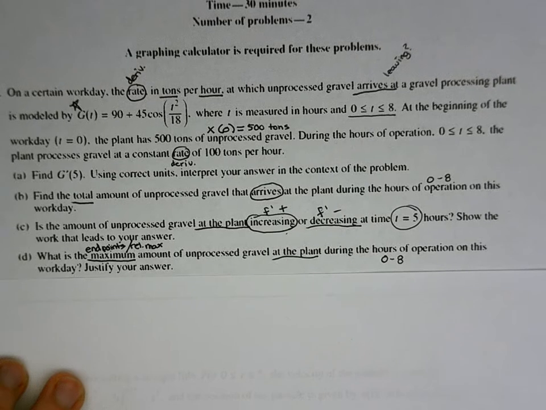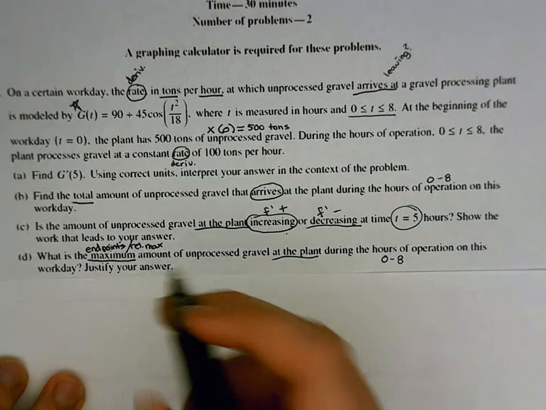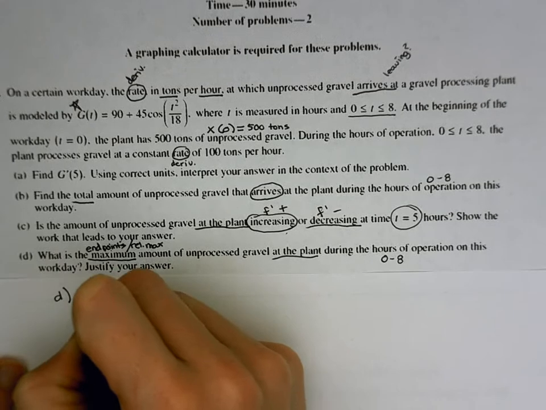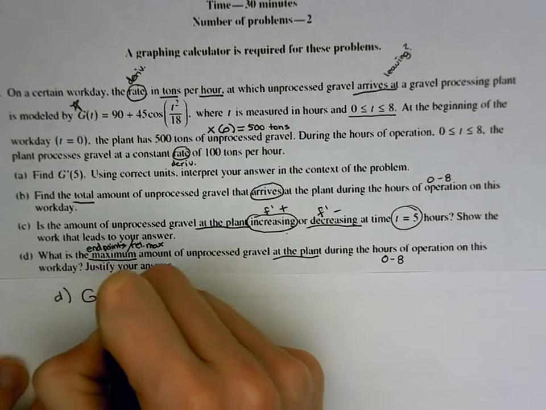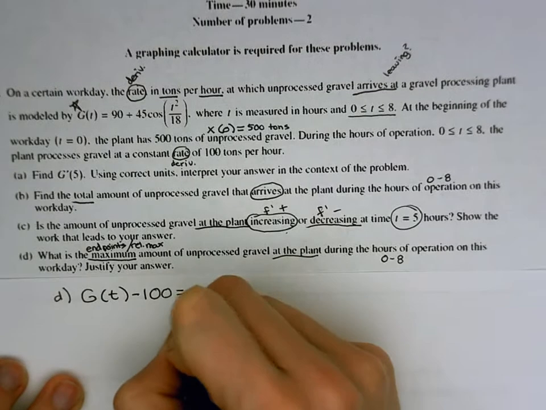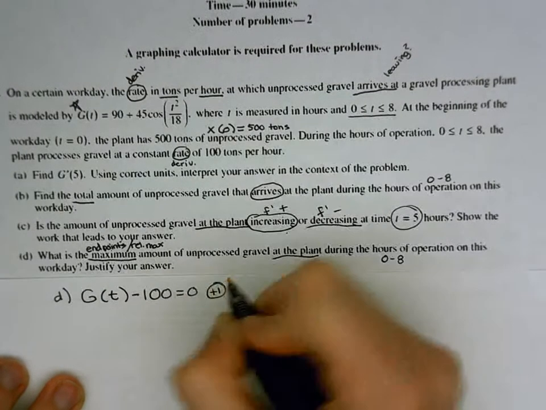When they call it A prime of t, by the way, they're identifying A prime of t as being G minus 100. For part D here, you wouldn't have to call it necessarily A prime of t, but if you said, my rates, my derivative at the plant has to equal 0, this was worth a point.